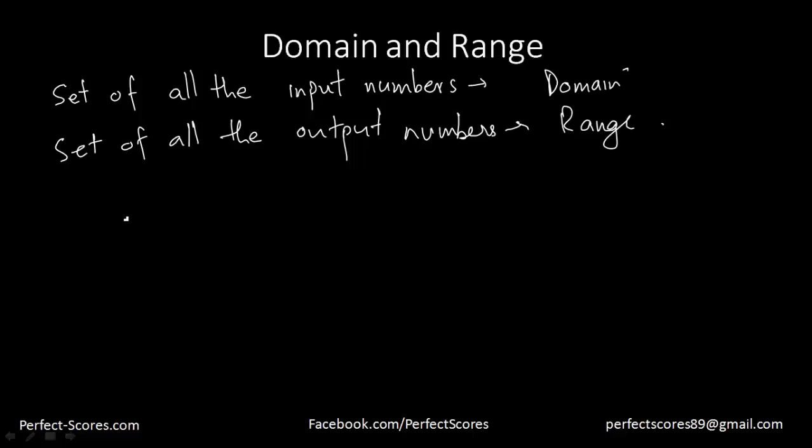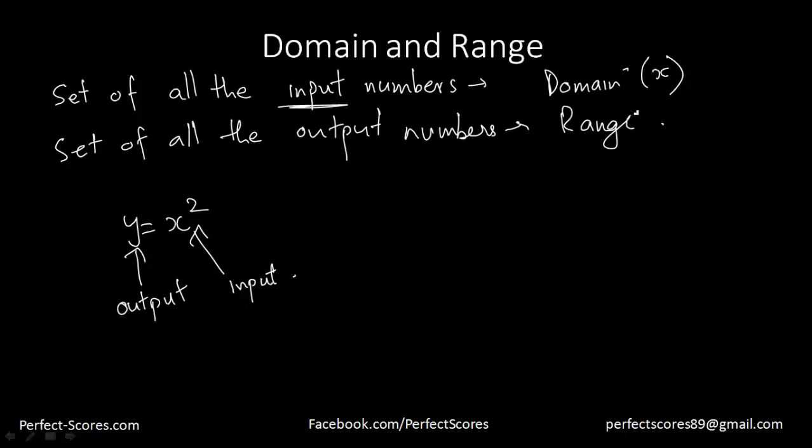Let's say, for example, y is equal to x square. Now y is the output, and x is the input. So the domain is all the possible values of x, and the range is all the possible values of y.